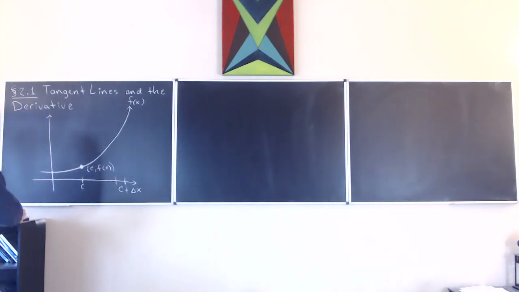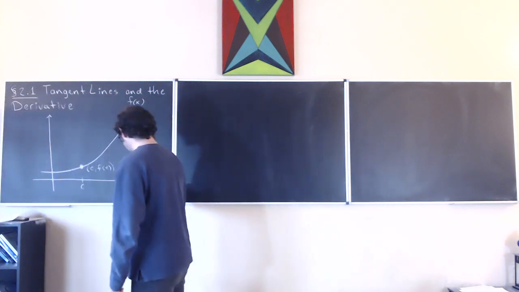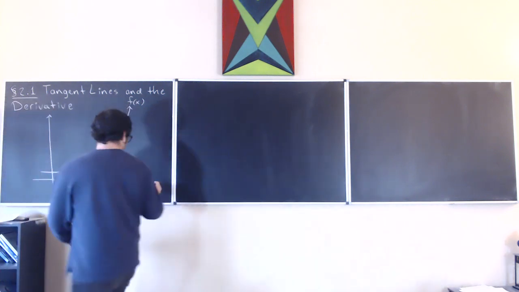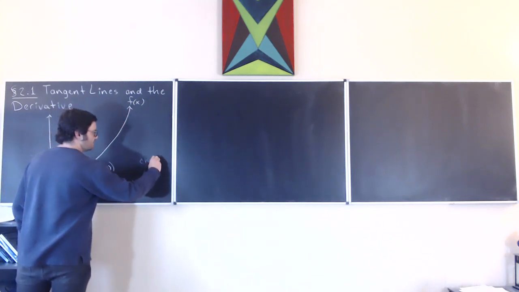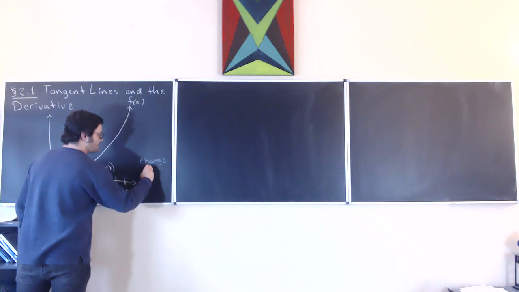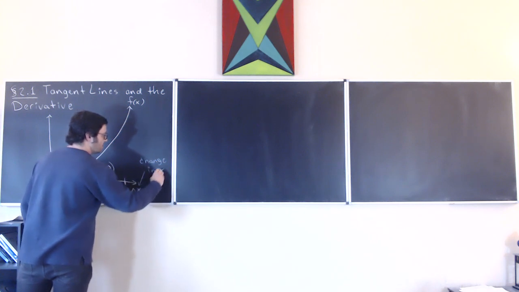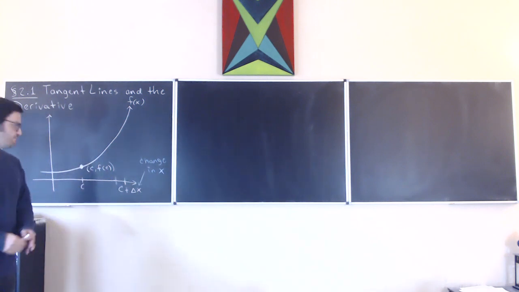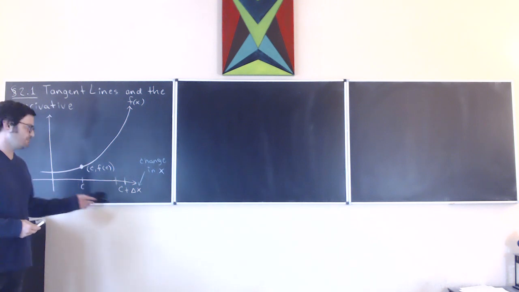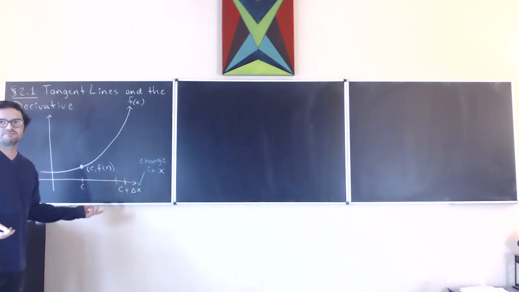Okay. In general, when I write delta x, this is just going to mean the change in x. That's what that means. So if I'm focusing on this point c, I can move left or right by some change, which I'll call delta x.